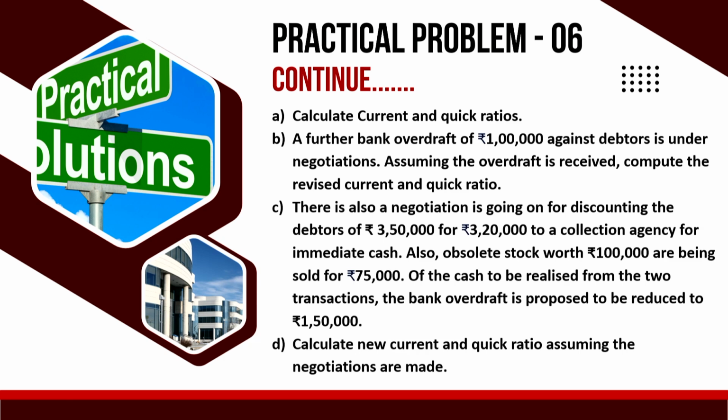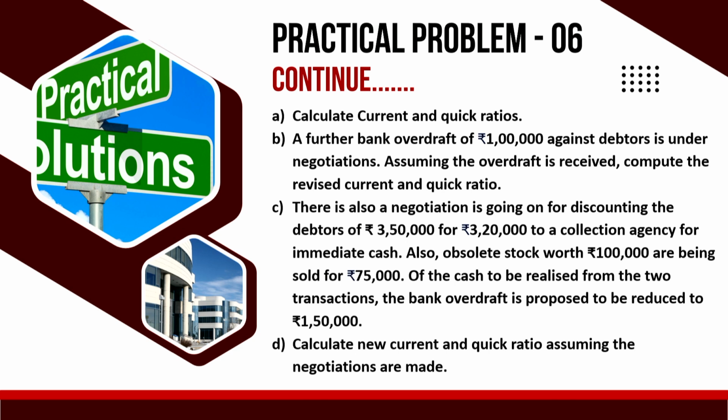Case 3. There is also a negotiation going on for discounting the debtors of rupees 3,50,000 for 3,20,000 to a collection agency for immediate cash, and the obsolete stock worth rupees 1 lakh being sold for rupees 75,000. Of the cash to be realized from the two transactions, the bank overdraft is proposed to be reduced to 1,50,000.